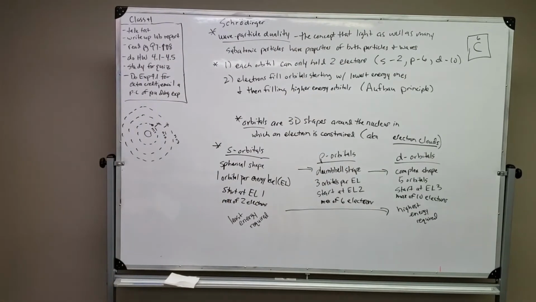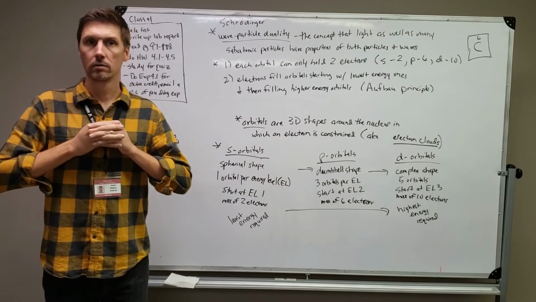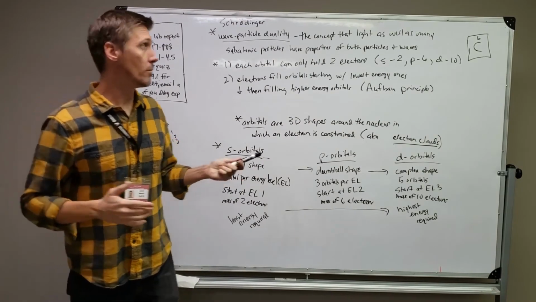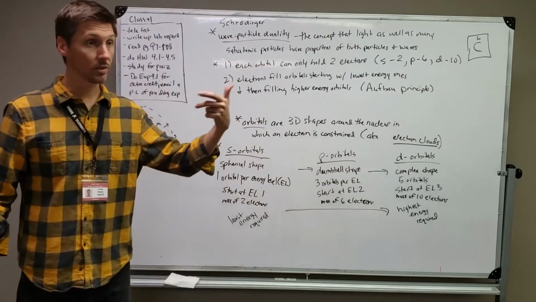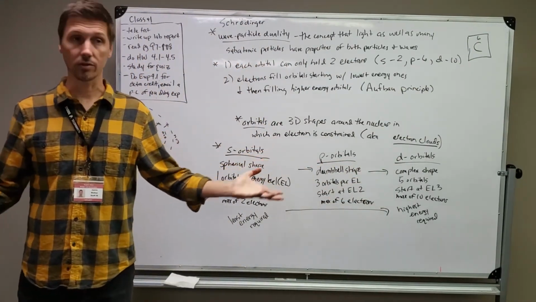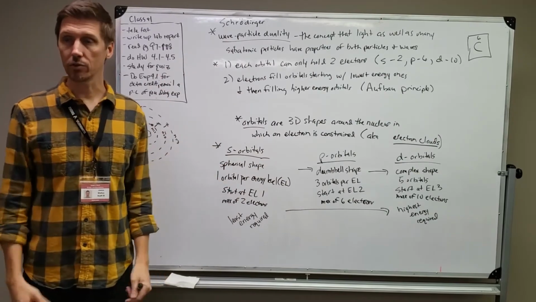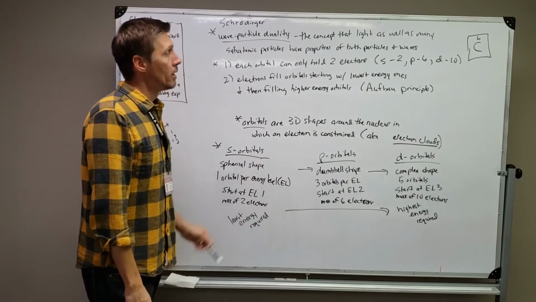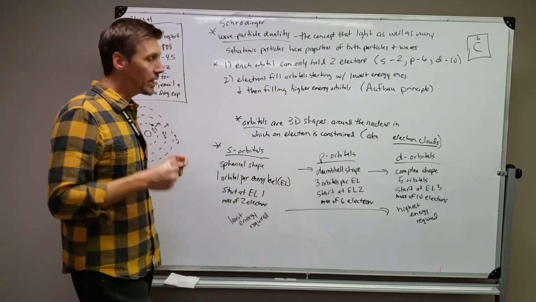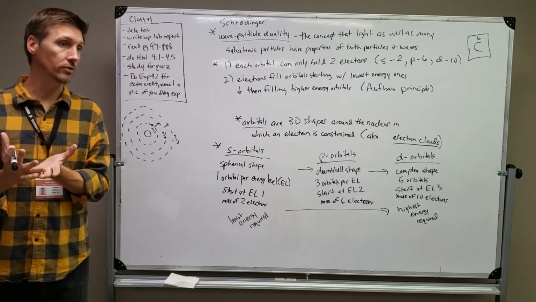So how many electrons does a carbon atom have? 6. It has 6, right? The number here technically represents the number of protons, but there's always the same number of electrons as there are protons, because overall the atom is electrically neutral. They balance out the positive and negative charges. So it's got 6 electrons. So we've got to figure out where those 6 electrons live when it's in its ground state.